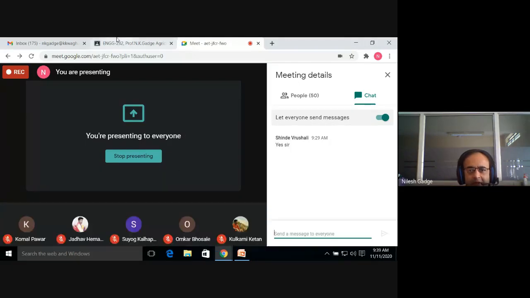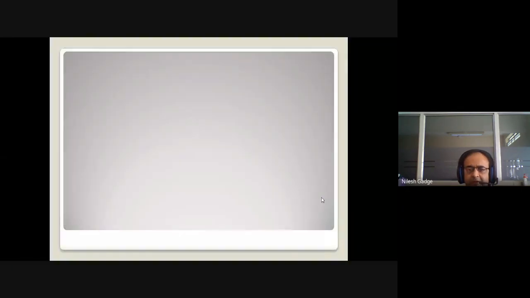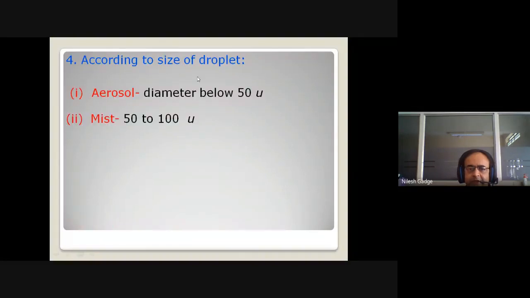Okay. Now we will continue the topic about classification of the sprayers. According to the size of the droplet, there is the aerosol sprayer, where the diameter is below about 50 micron.